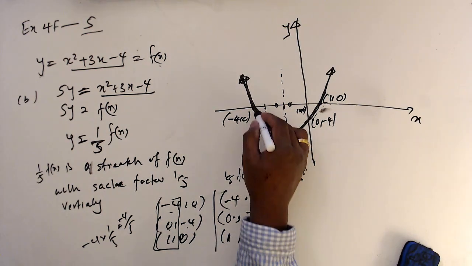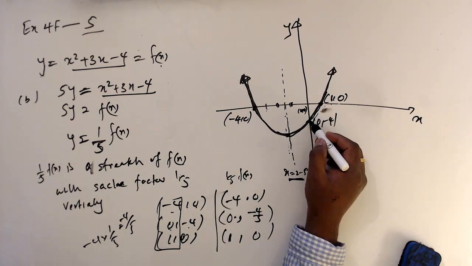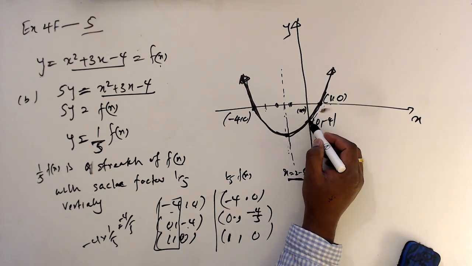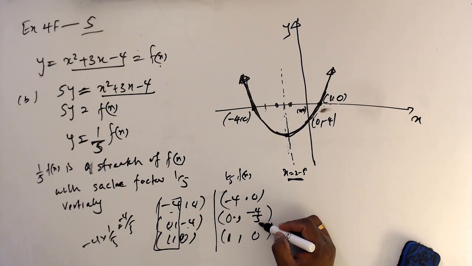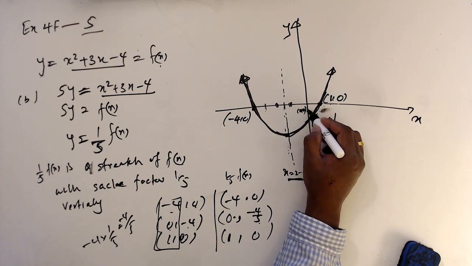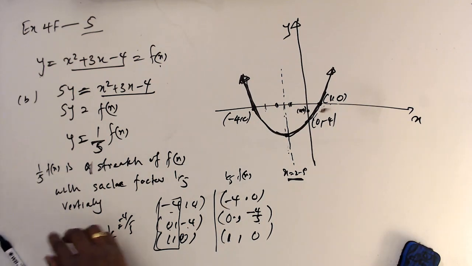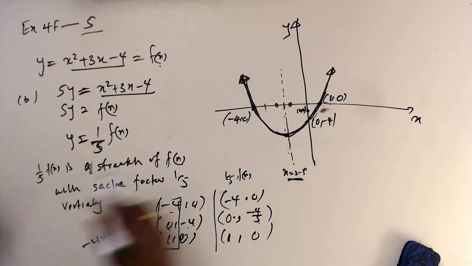It means the graph is still going through these 2 points, but this point is now where? This point is going to be minus 4 over 5. It means less than 1, somewhere here. So the graph is going to be something like this.